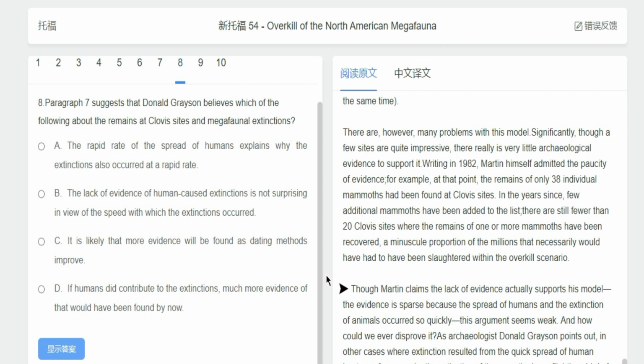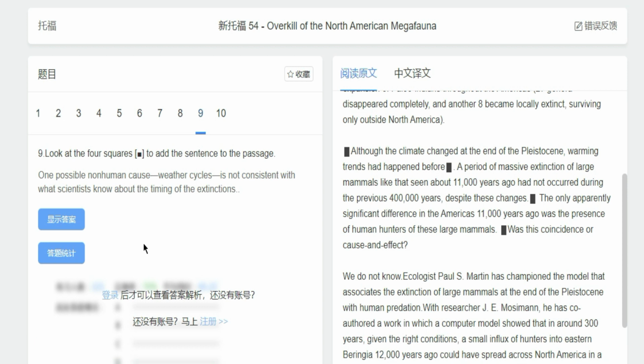D is written in the subjunctive past perfect form, which indicates the opposite situation of past events. So what D really means is that since humans were not the cause of extinction, there hasn't been much evidence. So D is correct.